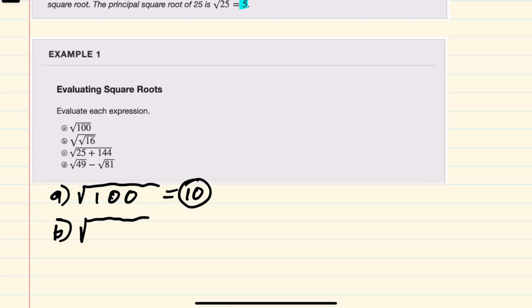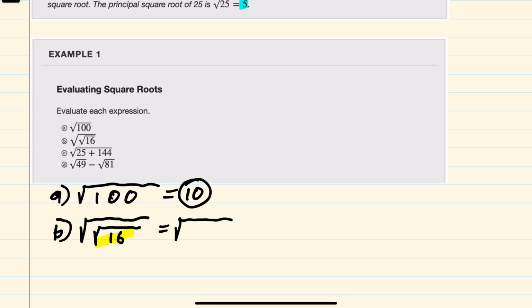For B, we have two radicals. We have an outside radical and an inside radical. And for this, we can just think of order of operations, or thinking of these as nested radicals. We would want to start with the innermost radical. So inside of the larger radical, we're saying, what is the square root of 16?